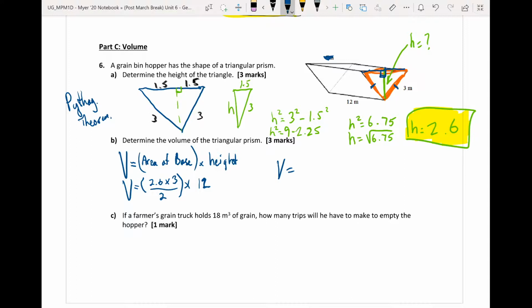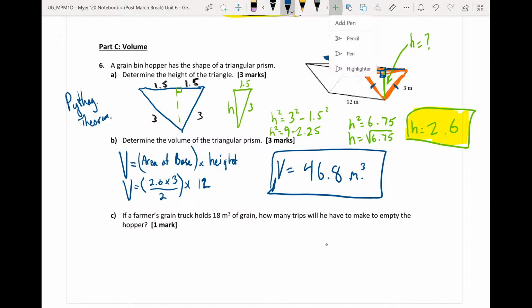So 3.9 times 12, 46.8. And my units are in meters, so I know it's meters cubed, because it's 3 dimensions.